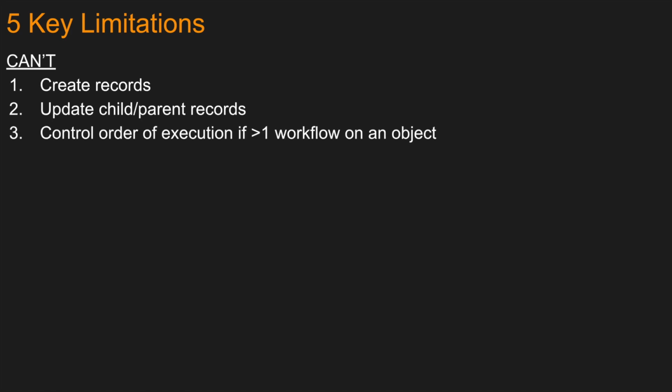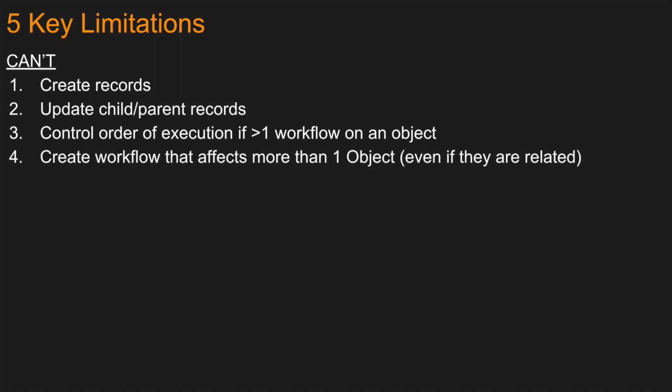Also, if you have 5 workflow rules on an object, you cannot control their order of execution. Even if you have 2 workflow rules on, say, an account, you cannot control which of them fires first. Also, workflow rules cannot affect more than one object, even if they're related. So this is kind of related to point number 2. Okay, I said there were 5, actually 4 limitations.